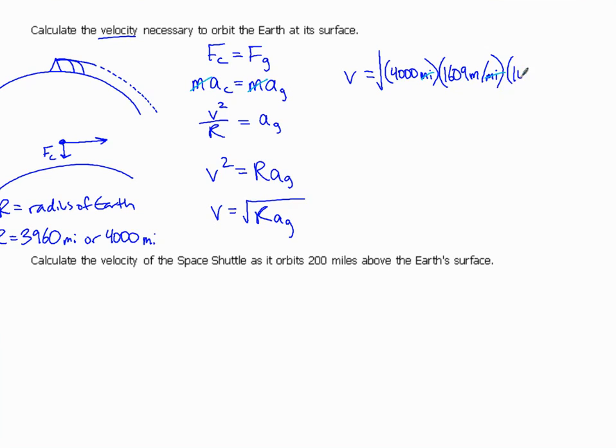Times the acceleration of gravity, which is 10 meters per second squared. And so our velocity equals 8,022 meters per second. If you look at your units up here, you have meters times meters, which is meters squared, divided by seconds squared. And all of that's being square rooted, which is how we confirm meters per second.